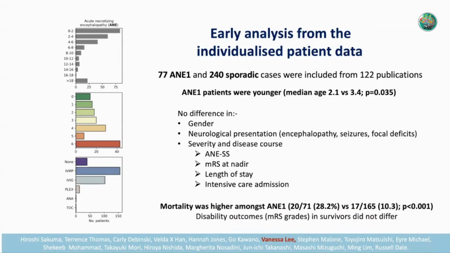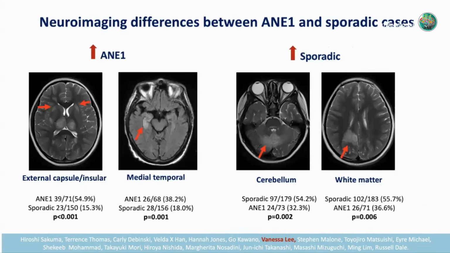Mortality was certainly higher in that group, but the disability in survivors did not differ significantly. There were neuroimaging differences. In patients with ANE1, there was more external capsule and insular involvement, and more medial temporal involvement.